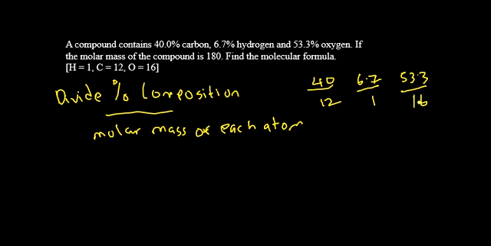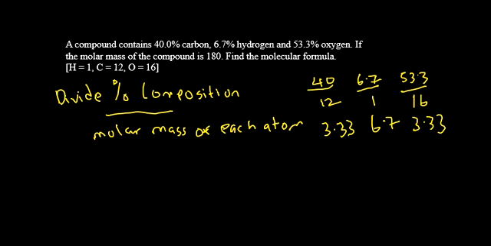Now using our calculator, 40 divided by 12 will give us 3.33. 6.7 divided by 1 will give us 6.7, and 53.3 divided by 16 will give us 3.33.